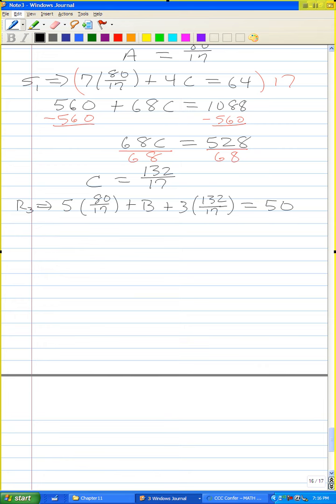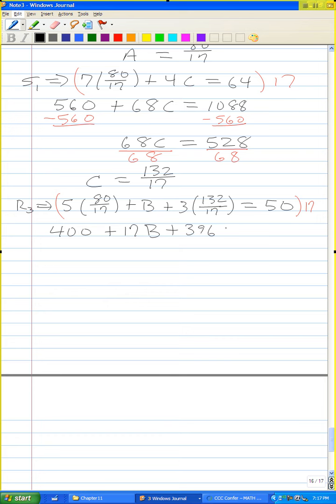Let me multiply both sides of my equation by 17. And so the 17s cancel. 5 times 80, 400, plus 17B, plus 3 times 132, 396.